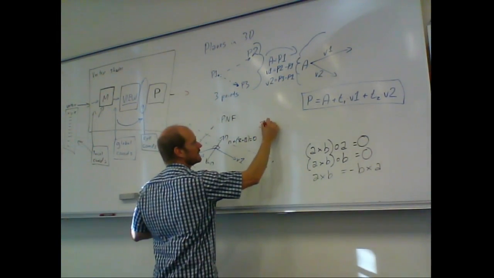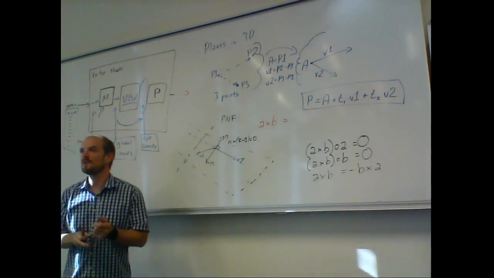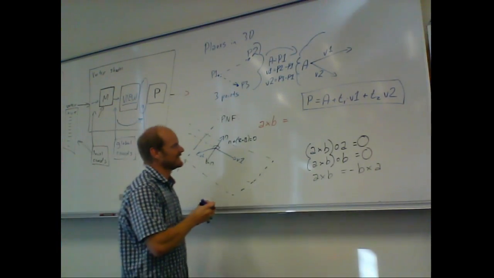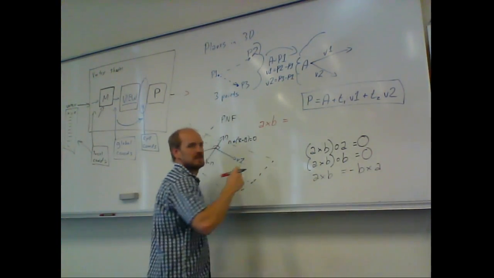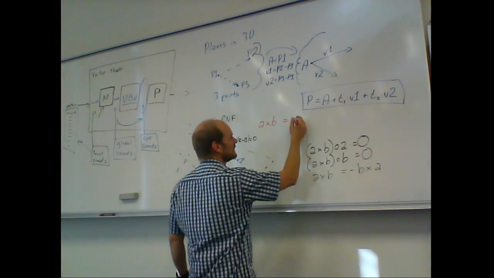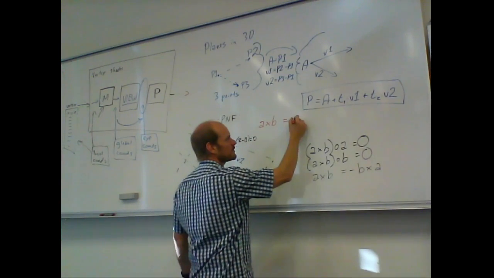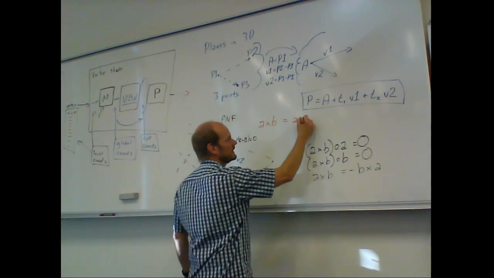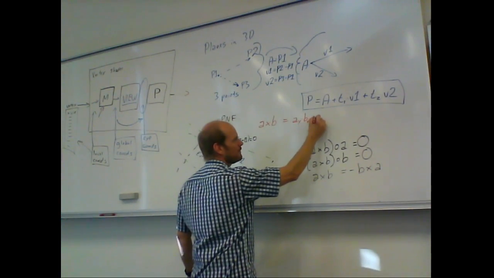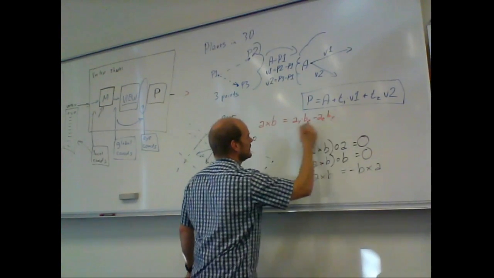So A cross B equals... does anyone remember this? I don't expect you to. AX times BY plus... okay, that is in one of the places, yes, but the first one is AY times BZ minus AZ times BY.